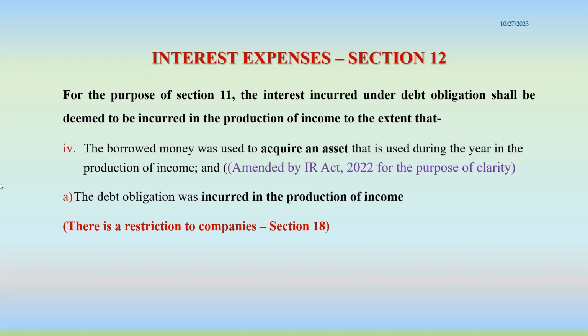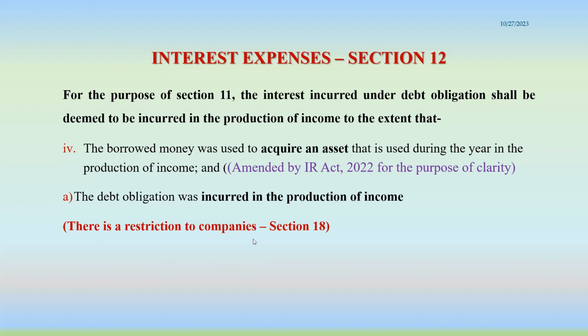But actually there is a restriction for companies. Normally we apply section 12 for individuals and partnerships. If we are calculating an individual's or partnership's tax calculation, and they have incurred interest expenses, then we refer to section 12.